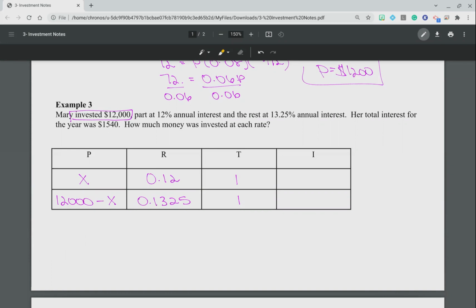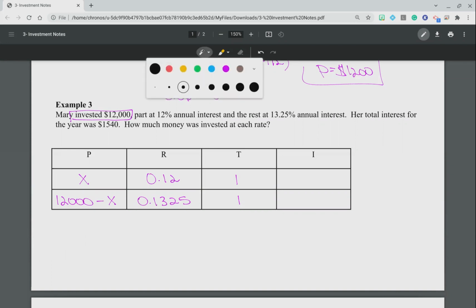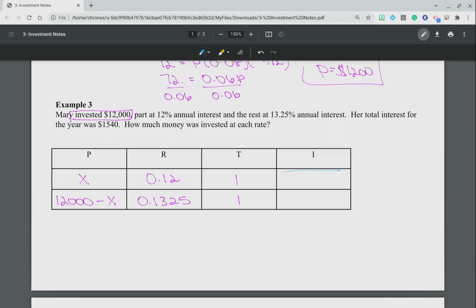All right, now we're going to do this just like we did before, right? I equals PRT. So to find I, I'm going to take my principal times my rate times my time, and I'm going to multiply it straight across, and I get 0.12x.